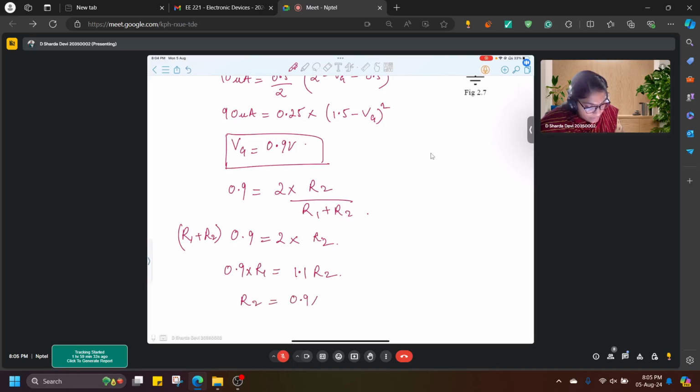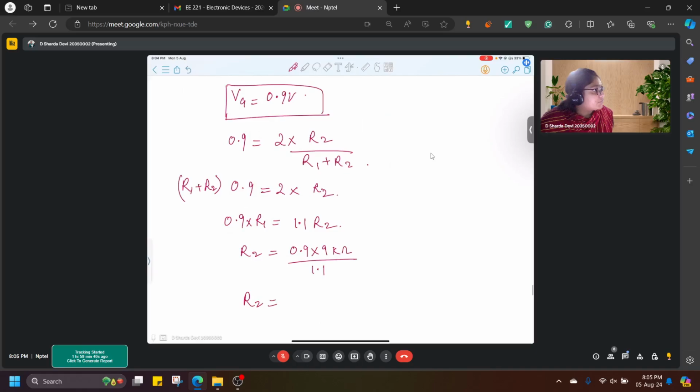R2 is 0.991 by 1.1. R2 comes out to be 7.36.